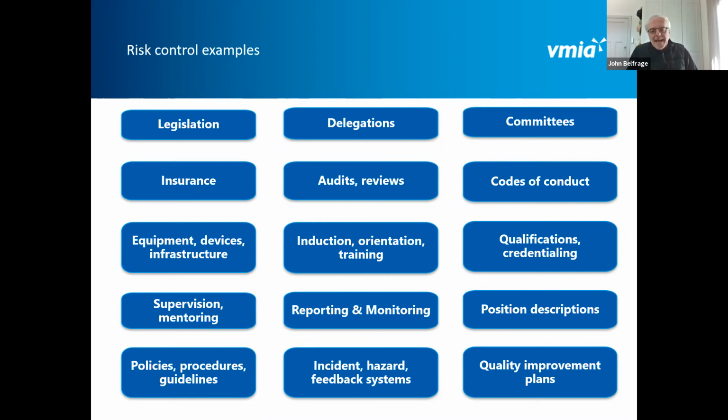So for instance, the HR manager might own the codes of conduct and the position descriptions. The education department, if you've got one, might own the supervision mentoring program. Legal counsel might own the legislative compliance framework, and so on and so forth.